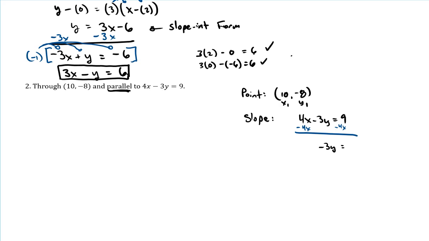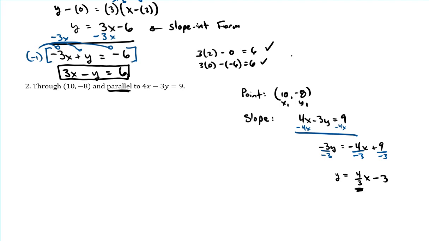So we would have -3y equals -4x plus 9. And then if we divide everything by -3, we'll get our slope. So it will be in the correct form. So we have y equals, 2 negatives is positive, and then 9 divided by -3 would be -3.